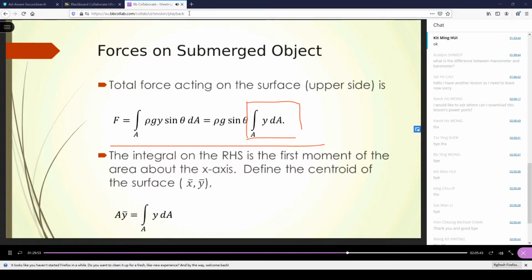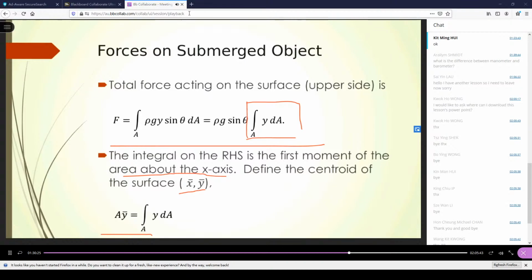Now remember, we can also do it in the x direction. This thing we call the first moment of area above the x-axis.